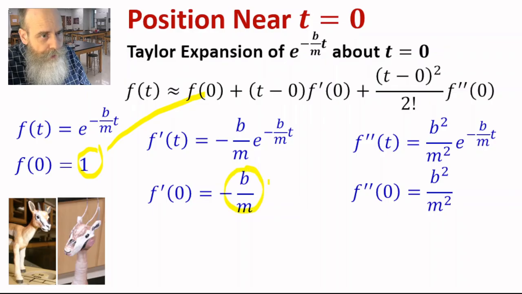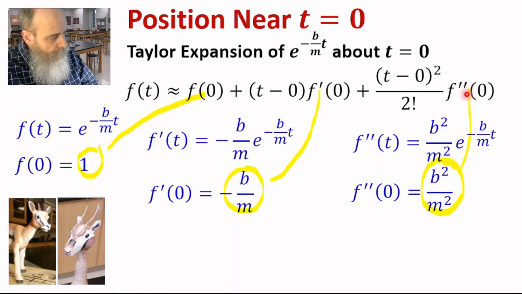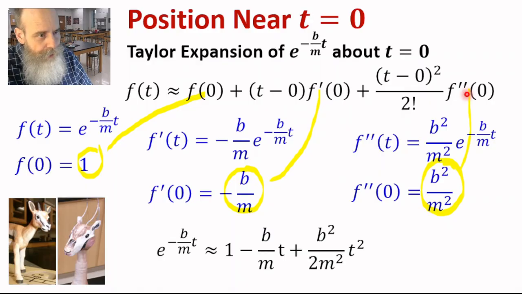Negative b over m goes here. And b squared over m squared goes here. And this is what we get. e to the negative b over m t is 1 minus b over m t plus b squared over 2 m squared times t squared. So let's use this expansion near t equals 0 in our result for x.